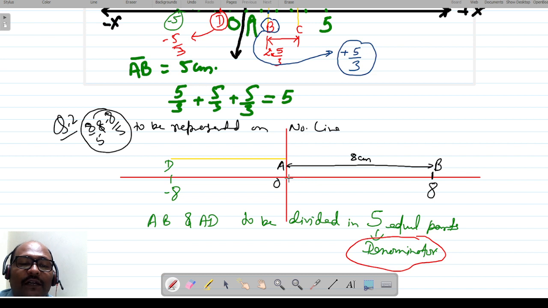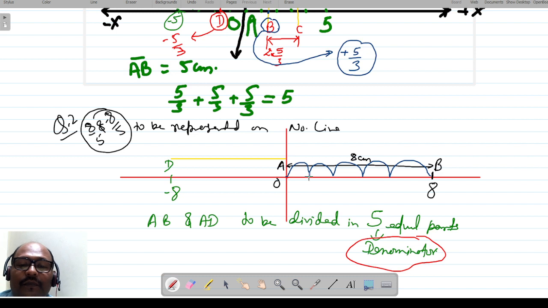So how we will do it? Suppose we are trying to mark it. From the origin, we'll take 5 equal parts. The AB is to be divided into 5 equal parts. How? Let's say 1, then 2, then 3, then 4, then 5.